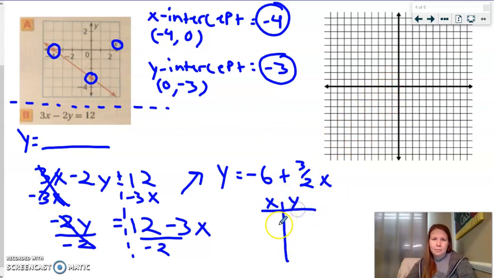I'm going to create some x values, maybe negative 1, 0, and a positive 1. Maybe 2s would be easier. Let's do negative 2, 0, and a positive 2. So negative 2 times 3 halves would be negative 6 halves, or negative 3.